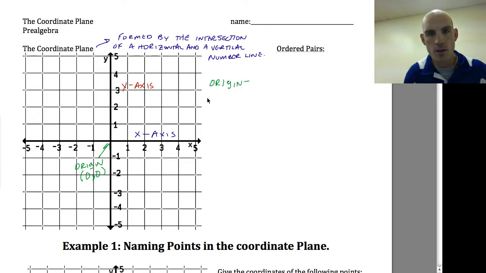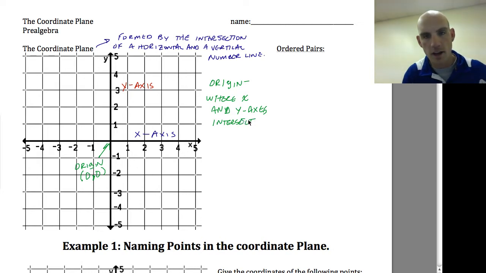Origin: where the x and y axes intersect. Okay, so where they come together is the origin, and that's 0, 0.